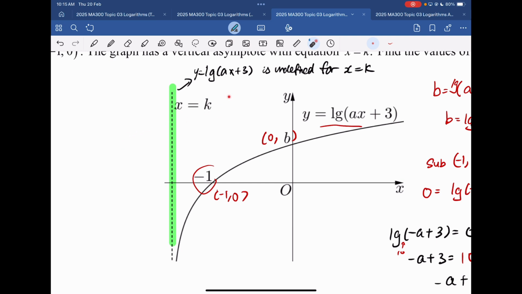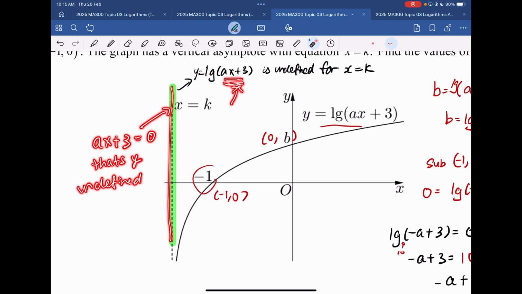When is it undefined? When ax plus 3 is equal to 0. At this point, ax plus 3 equals 0. That's why it's undefined.